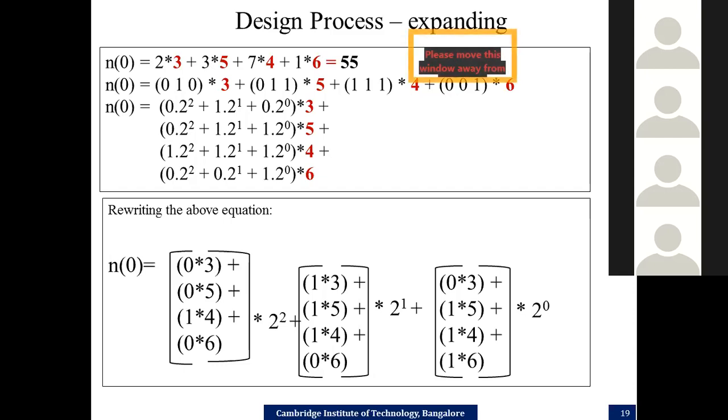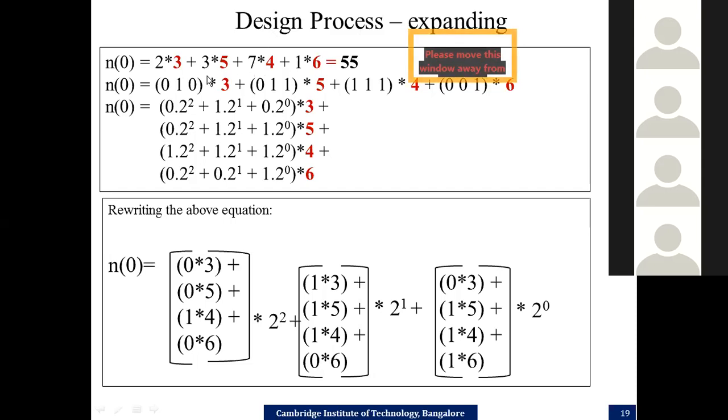Some of you who are already aware of this may understand why this is used for NN implementation. Now, 2 is 0, 1, 0, because I represent it in binary. 3 is 0, 1, 1, and 7 is 1, 1, 1, and 1 is 0, 0, 1. 3, 5, 4, 6 are the weights that have been obtained after the training process.